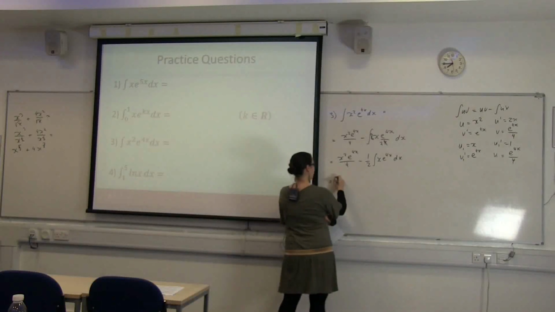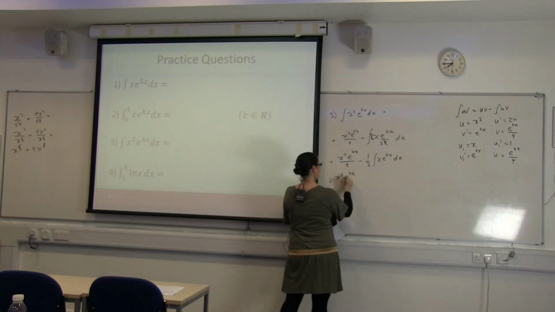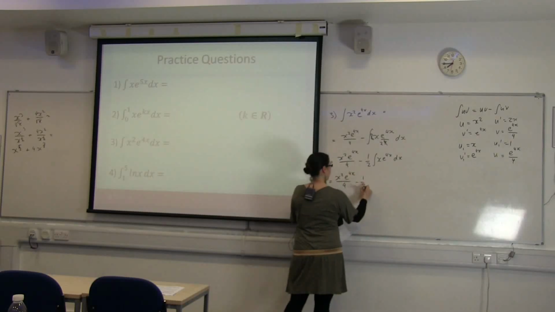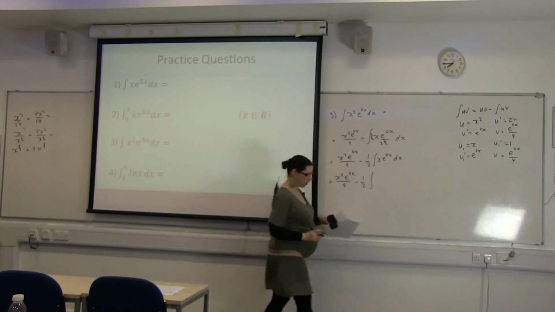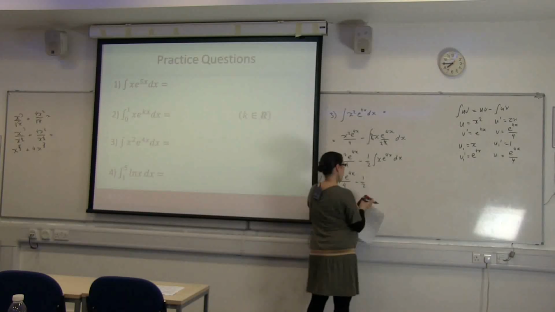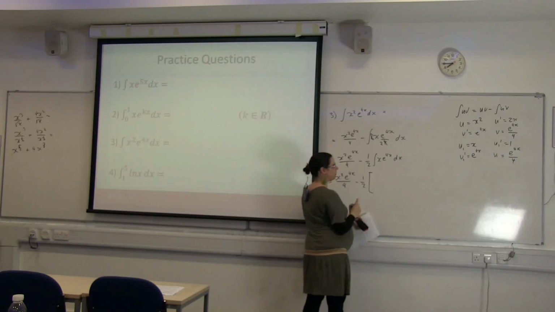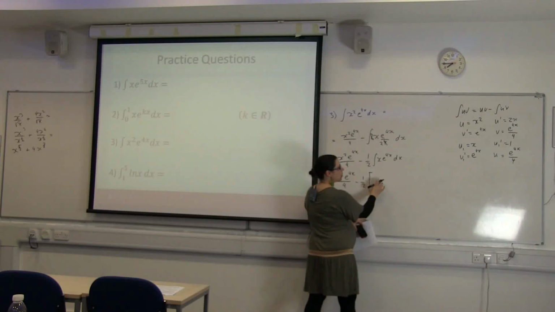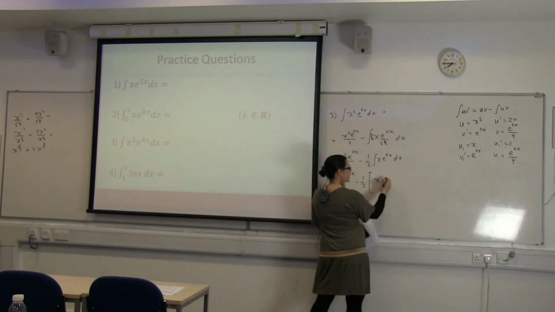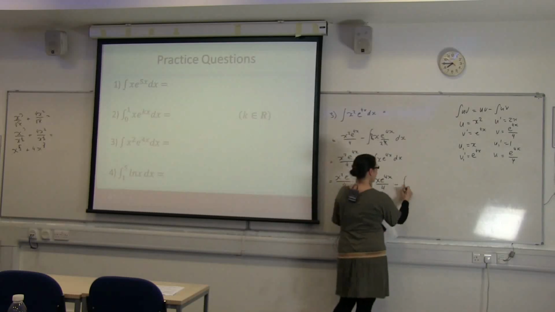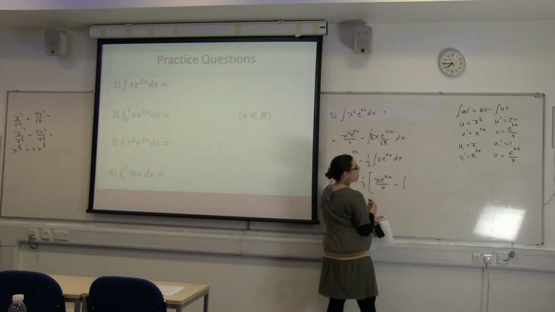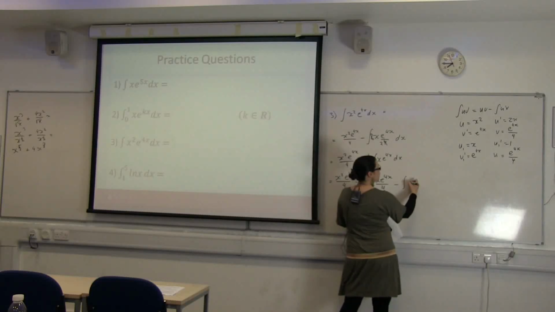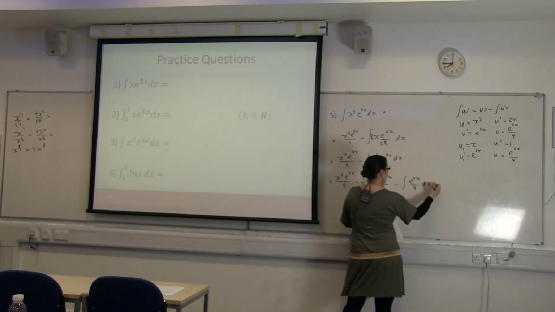So now I'm going to use the integration by parts again. It's u1 v1, x times e to the 4x over 4, minus the integral of u prime, which is 1, times v, which is e to the 4x over 4, dx.